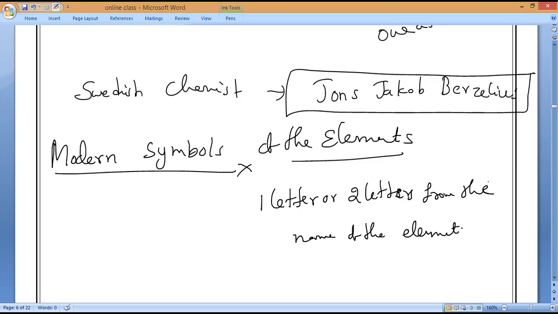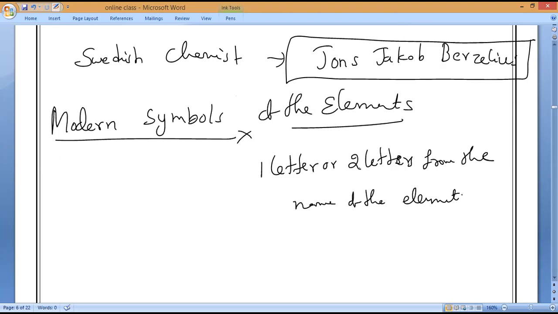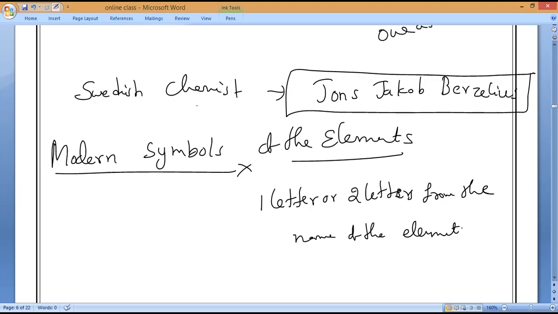Clear? Either one letter or two letters we can use, but we have to follow the rules for writing the symbols also. That I will also teach you. So who gave the modern symbols of the elements, guys? A scientist called John Jacob Berzelius.